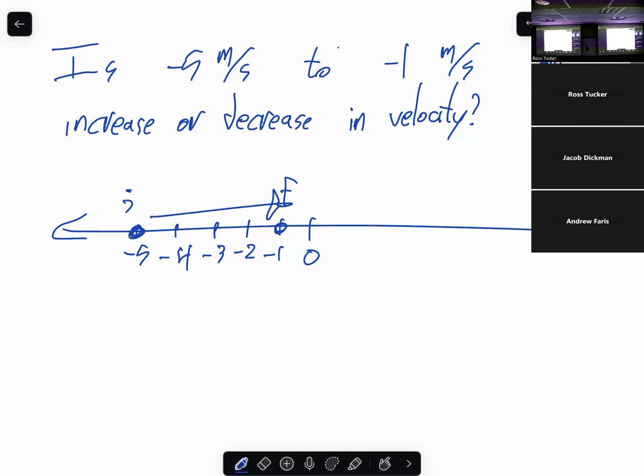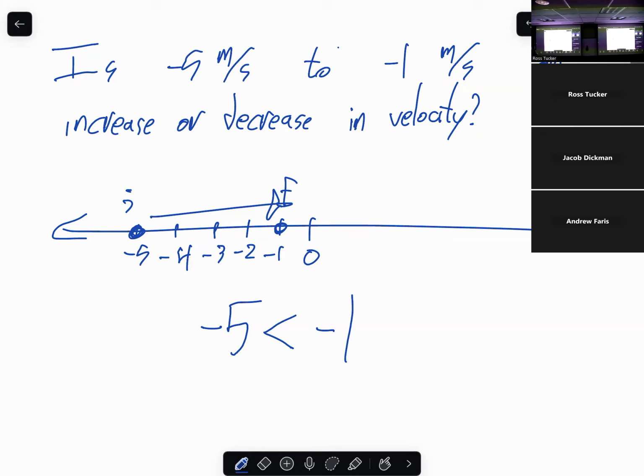That's an increase. Anytime I go right on the number line, I am making a bigger number. I am adding a positive number to -5 in order to get to -1. Mathematically, -5 is less than -1.